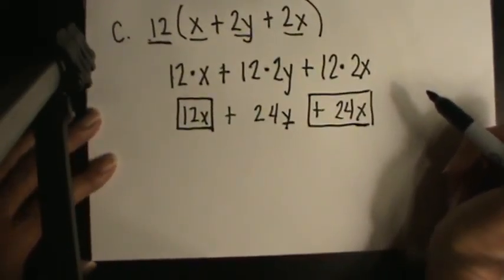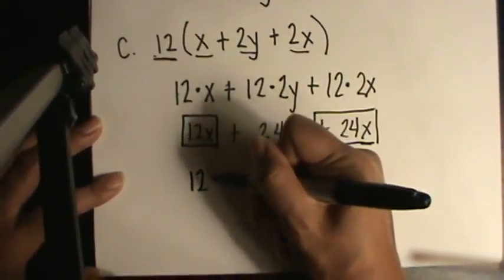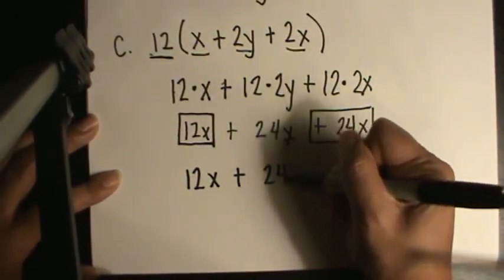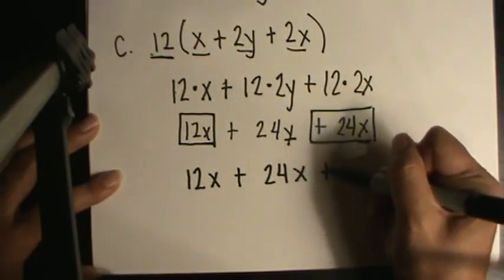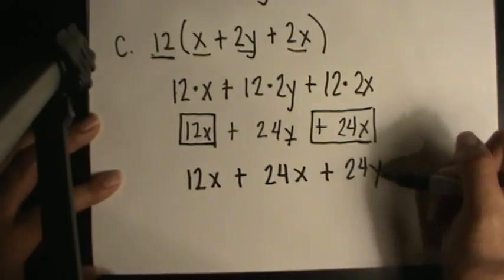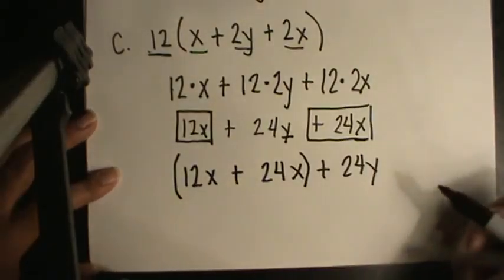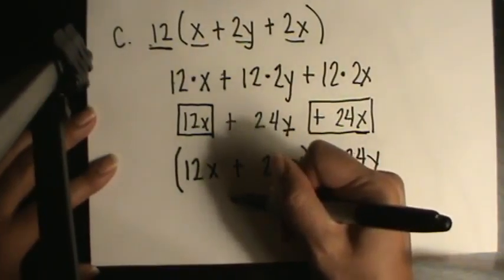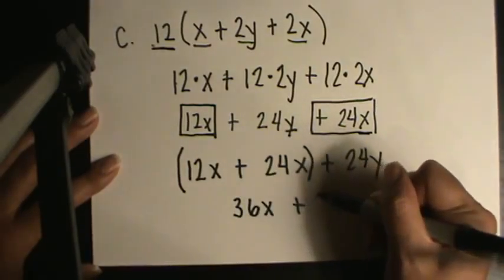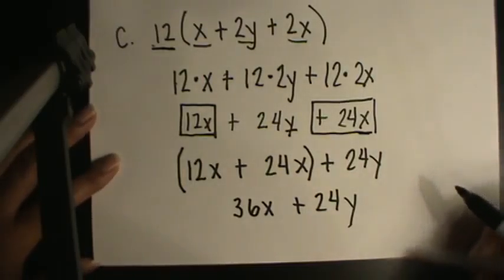So I can use the commutative property to rearrange my expression and place my x term before my y term, and then I can combine my like terms to make 36x plus 24y. But I'm not done.